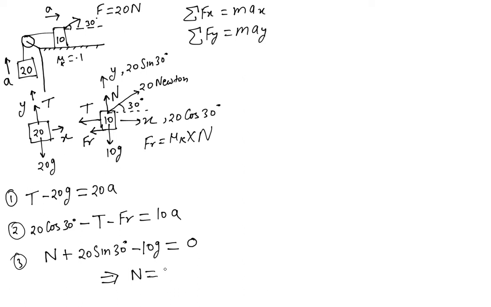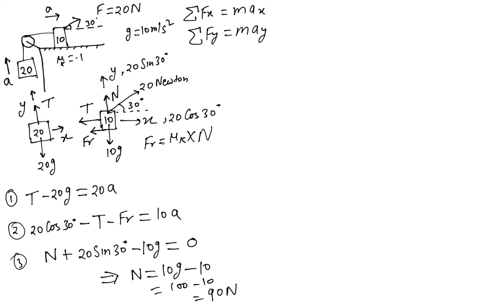We get 10g minus 10. For the sake of simplicity, let's assume g to be 10 meters per second squared. Then this is 100 minus 10 equals 90 Newton, right?